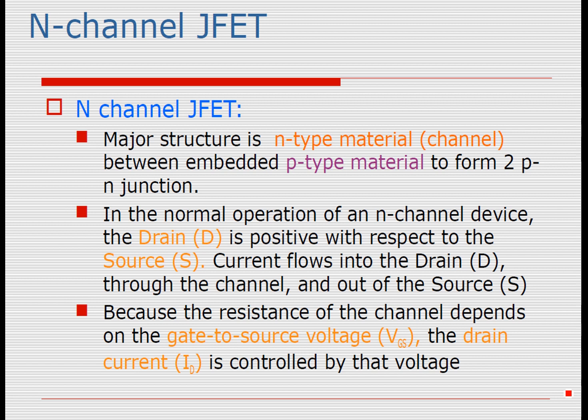In the normal operation of an N channel device, the drain is positive with respect to the source terminal, and current flows into the drain through the channel and out of the source terminal. The output current, that is the drain current, is controlled by the input applied voltage between the gate and source, that is VGS. That means the resistance of the channel depends on the gate to source voltage VGS.